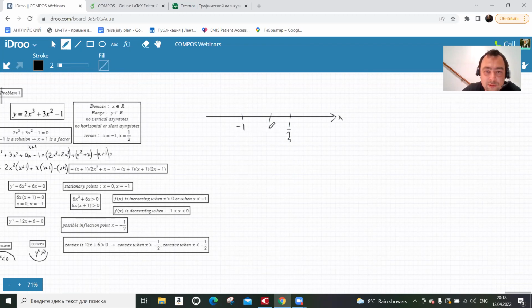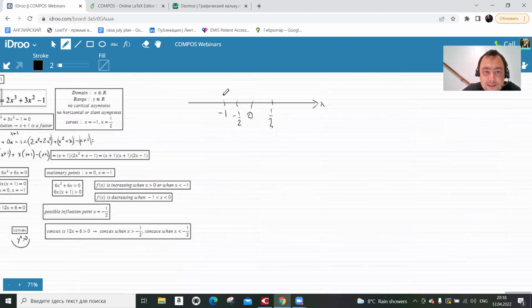So 0 is roughly here. -1 is the same place. And then you have the possible inflection point. This is -1/2. Right. There are no more interesting points here.